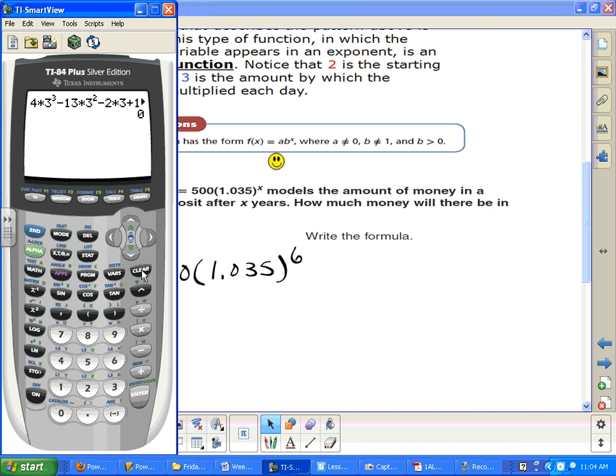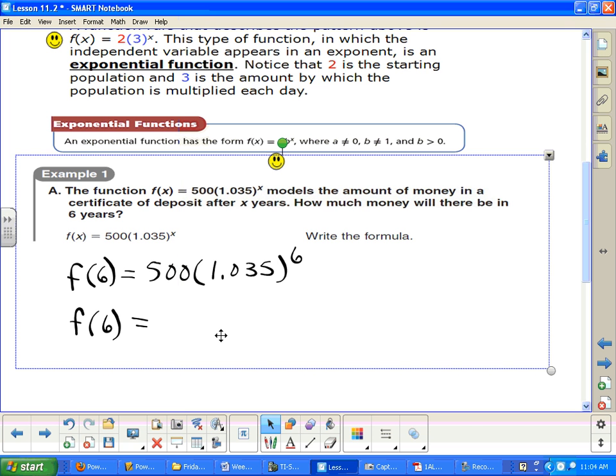So 500 times 1.035 to the power of 6. Enter. So after 6 years, this person will have $614.63.